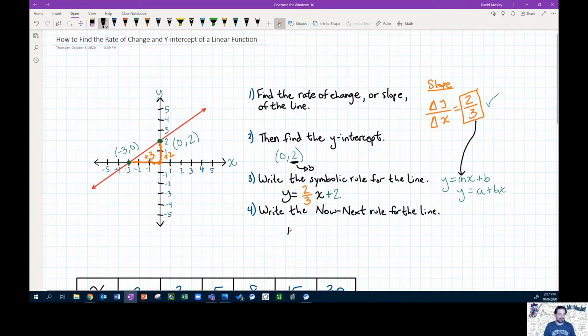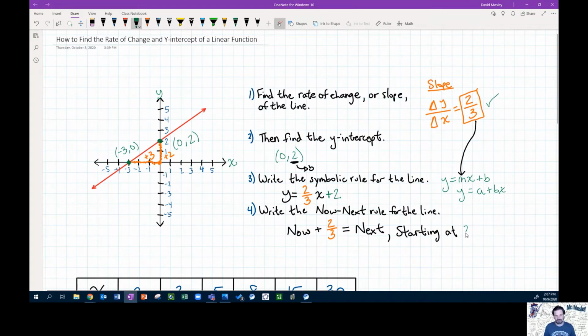So we can say now plus, and this is where the slope comes in again, 2/3 equals next, comma, starting at, and now the y value of the y-intercept comes in again.